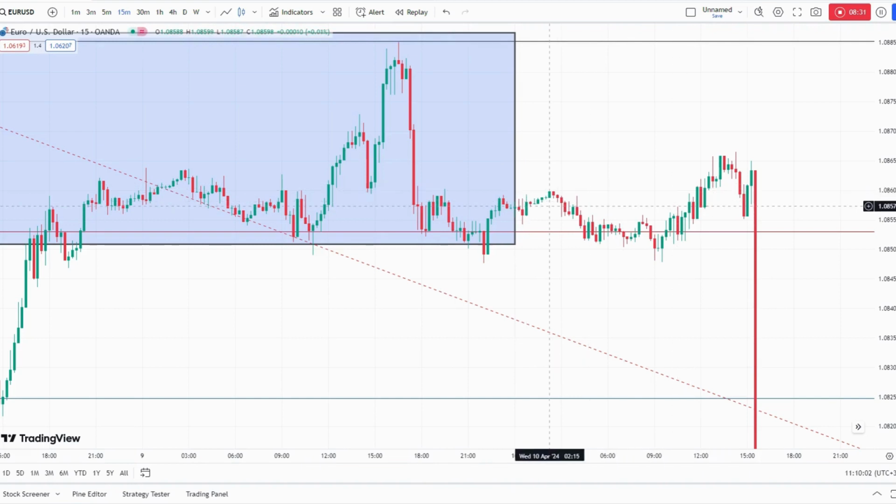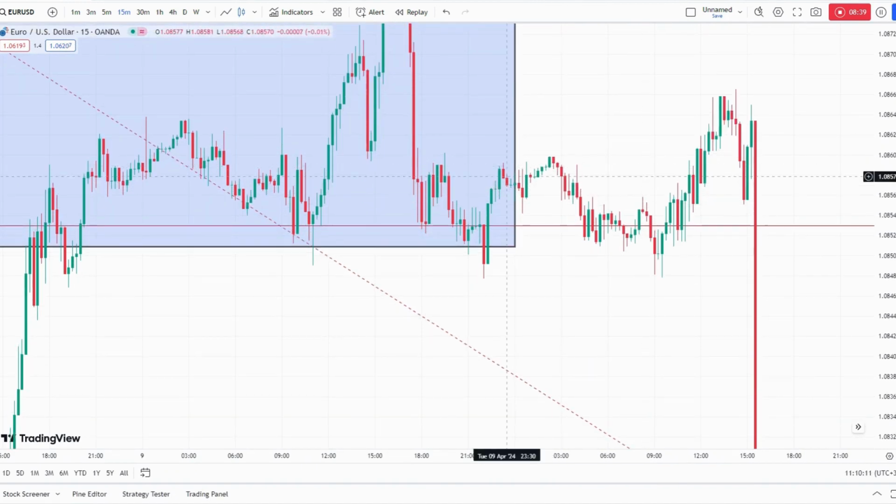Again, if you had not entered here, you'd have entered here, due to this consolidation over here, and then there's this candle with a long wick. I would have entered also here, and there's also another one here just before the news.